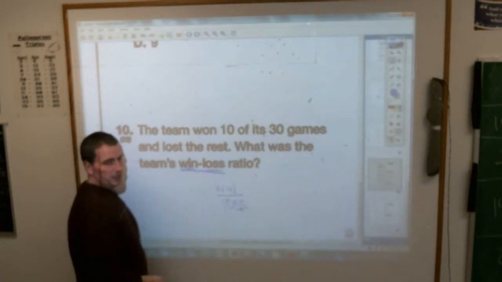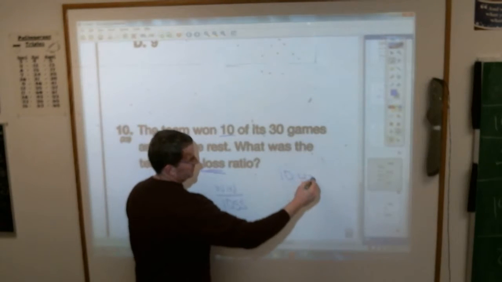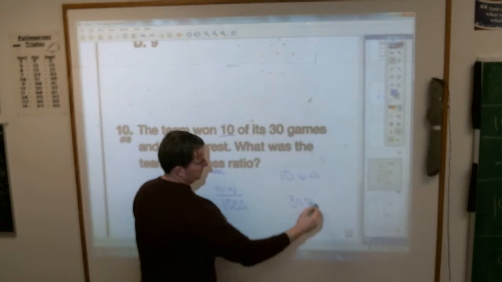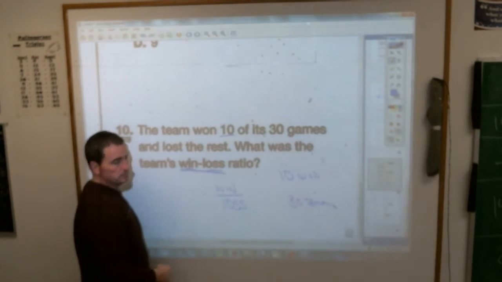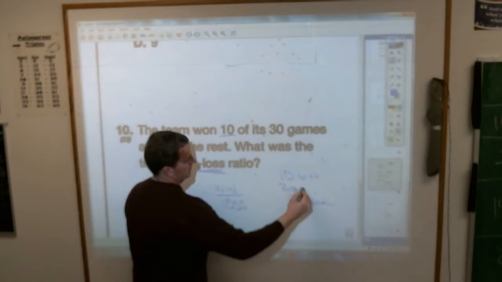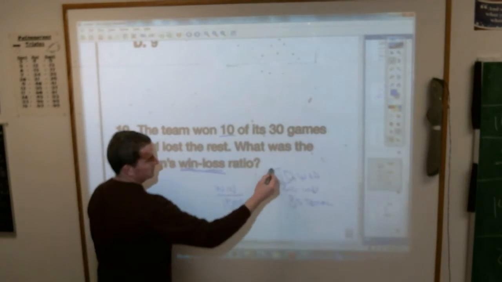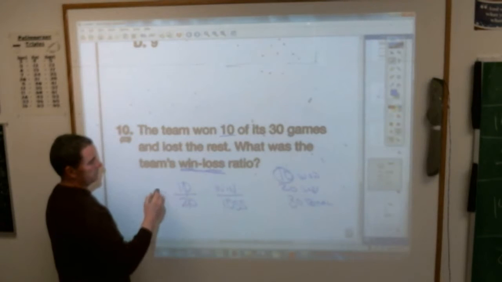So given the information here, Riley, if they won 10 games, and they played a total of 30 games, how many games would they have lost? 20. So if you put it in this fraction form, you have the ratio of wins to loss, 10 wins to 20 losses, which is the fraction 1/2.